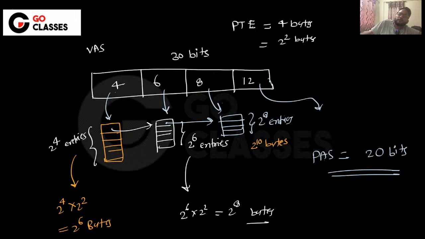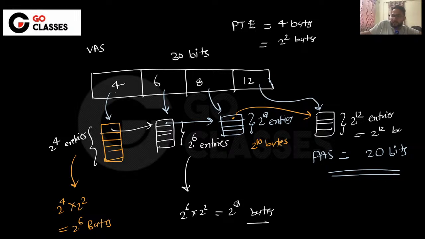Similarly, how many bits you need here to point to something which has 2 power 12 entries, which means 2 power 12 bytes. Here the entries and bytes are the same in the last level. This is the question that we are asking ourselves.